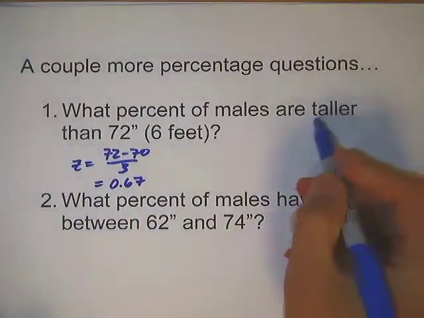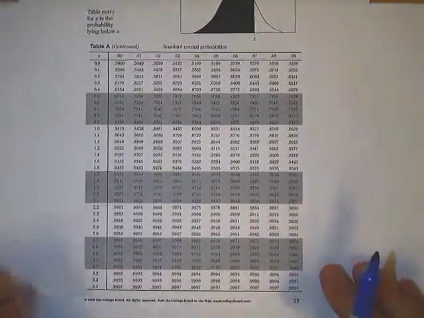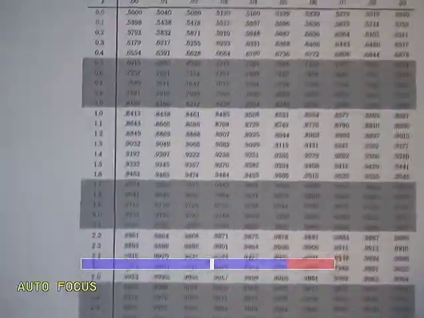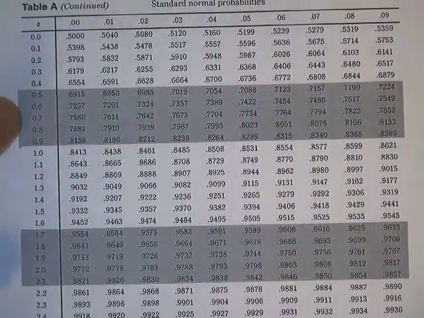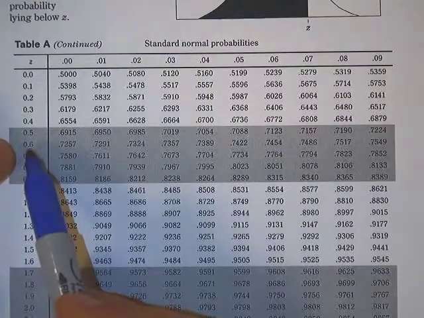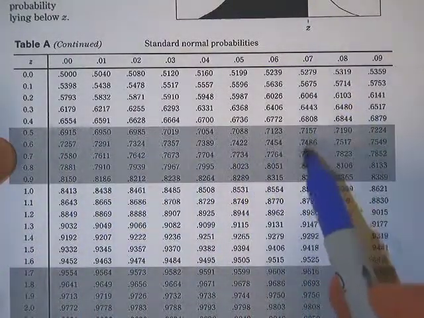Okay, but now I'm looking for taller. The process is still going to be pretty similar. Now I'm going to go to the positive z-scores and find where 0.67 is. I look for a 0.6 over here, which is here, and then follow that over to 0.07.